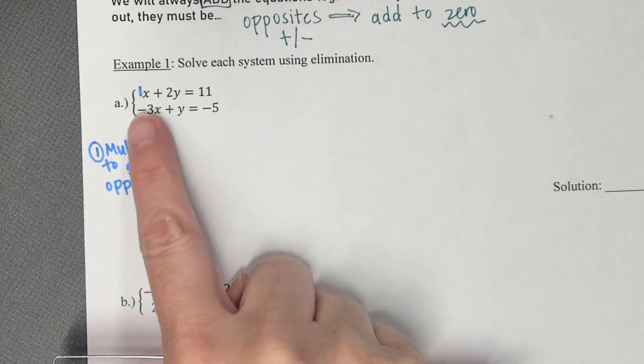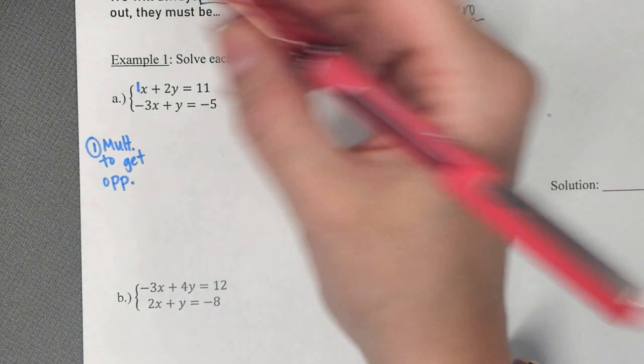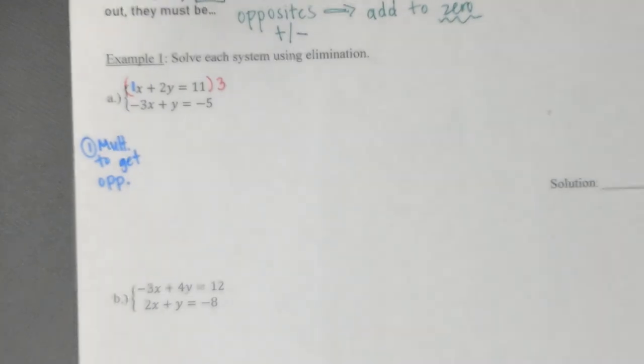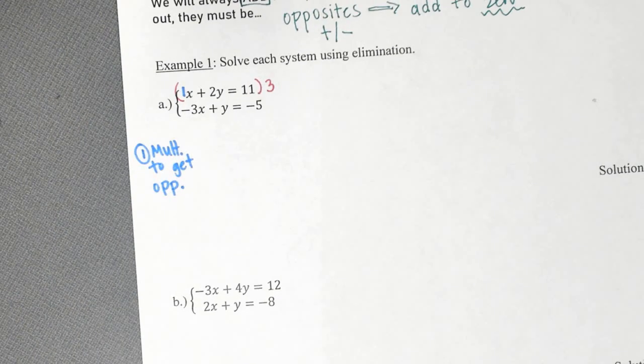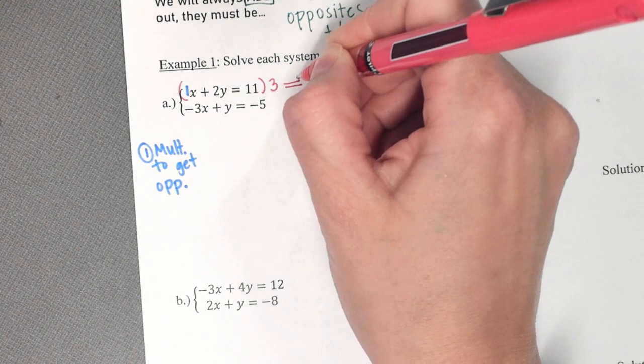Okay, so if I want this to be 3, I can multiply 1 by 3. So this is how we're going to write it so that we don't have to write everything out over and over again, because that can be kind of a lot, right? Okay, so we're going to multiply everything by 3, and then we're just going to draw an arrow.